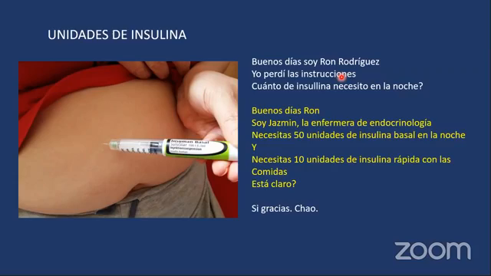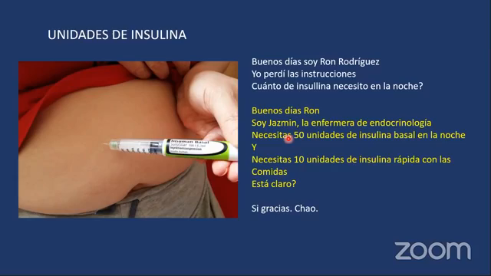I lost the instructions. ¿Cuánto? How much? Remember, try to remember this. ¿Cuánto means how much? How much insulin do I need at night? And the nurse is answering. Buenos días, Ron. I am Jasmine, the nurse of endocrinology, the endocrinology nurse.